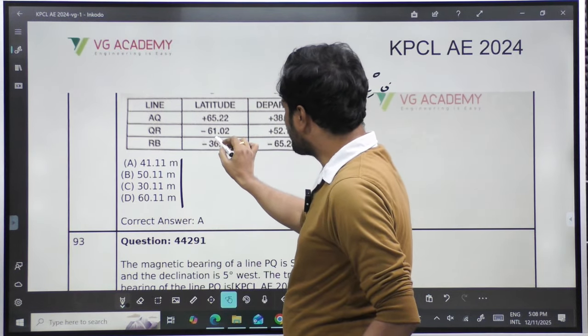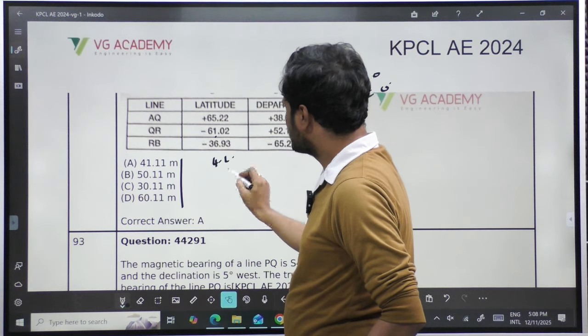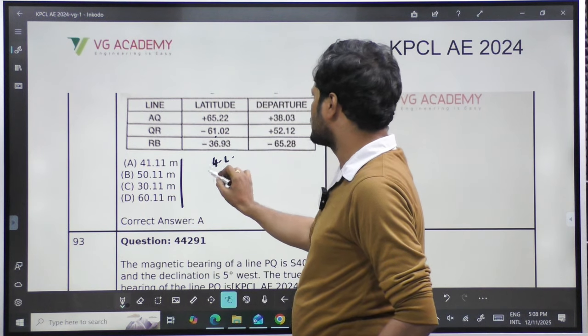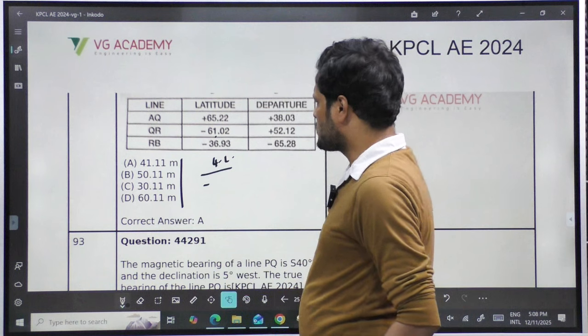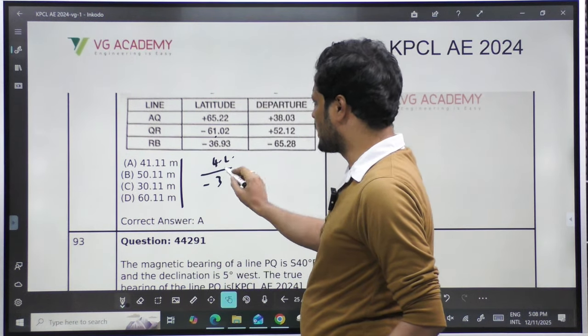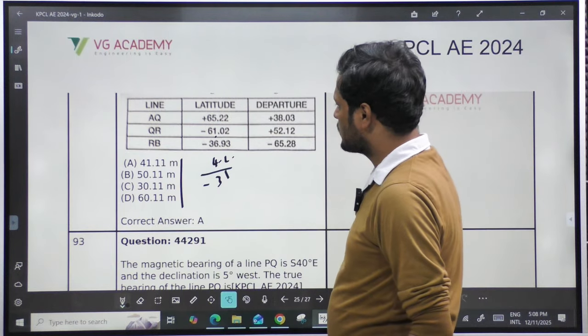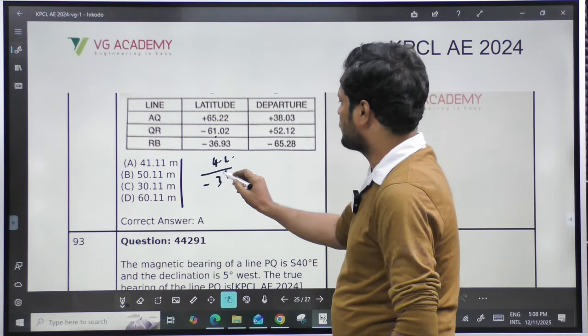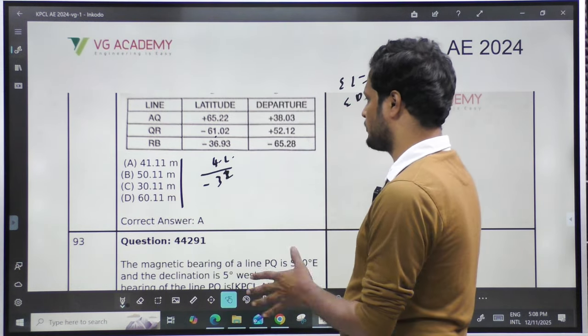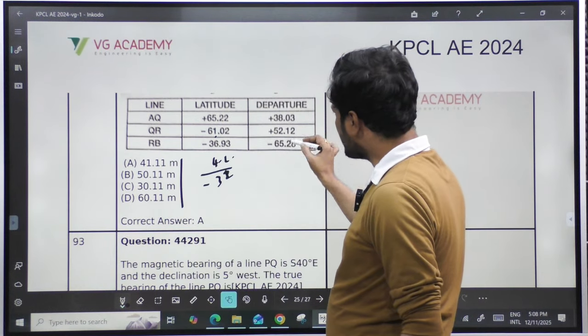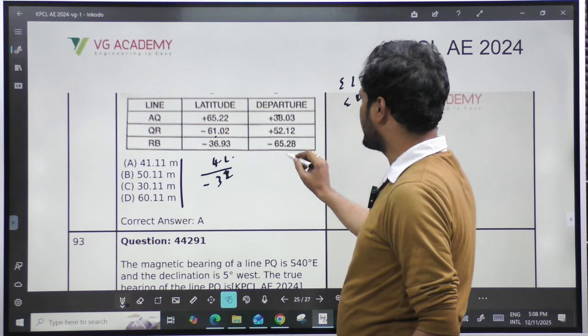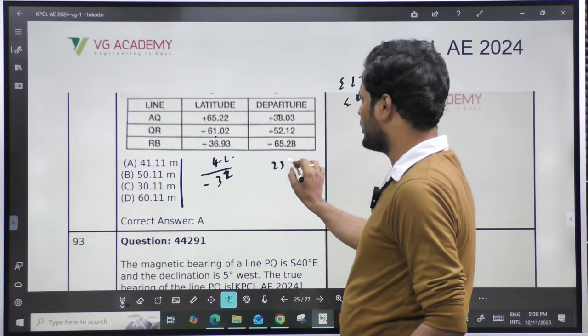So this is 4.2 plus 4.2, so 36 minus 4, minus 31 approximately, we will take minus 31. Exactly 32, okay, that much is enough. Then 90 minus 65, 25.